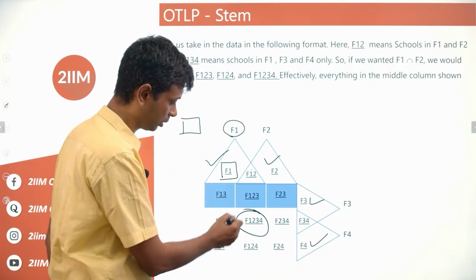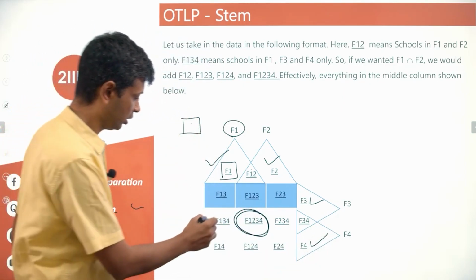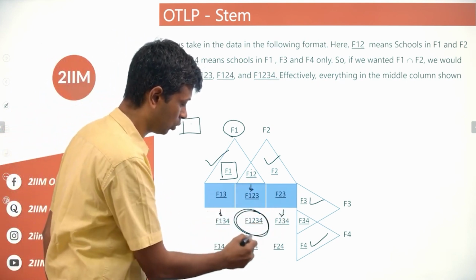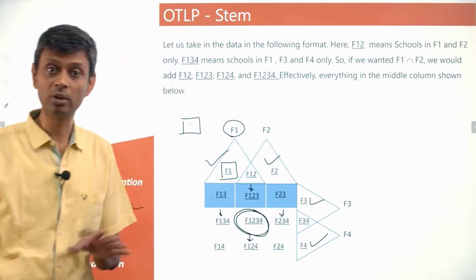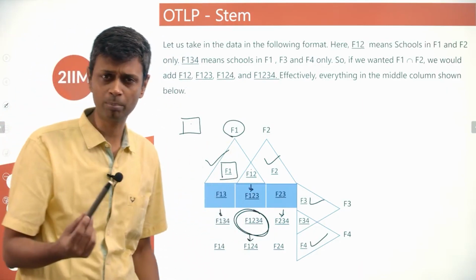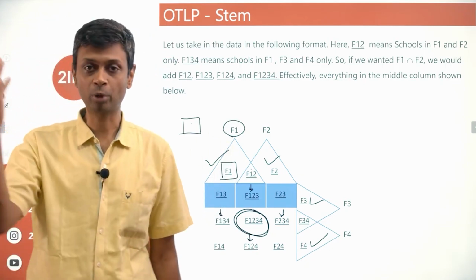It has given us this number. It has given us the number outside. It has also told us that 1, 3, 4, 1, 2, 3, 2, 3, 4, 1, 2, 4 are all equal. And then in assorted fashion, it has given us some of the other numbers. And so a bunch of numbers we already know. Let's put them in and then we'll process it further.